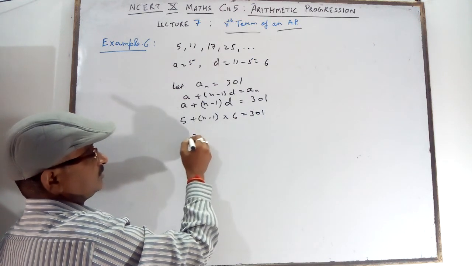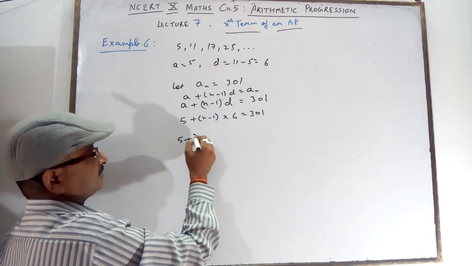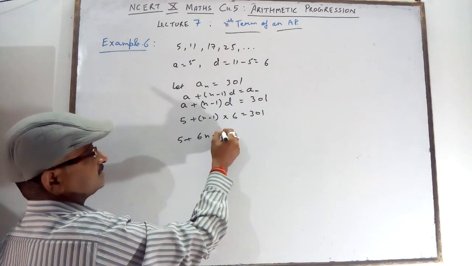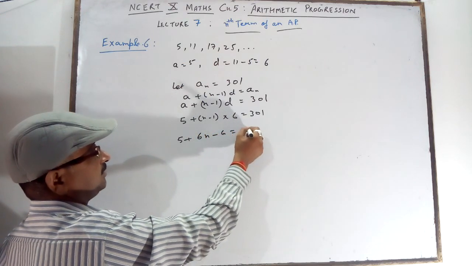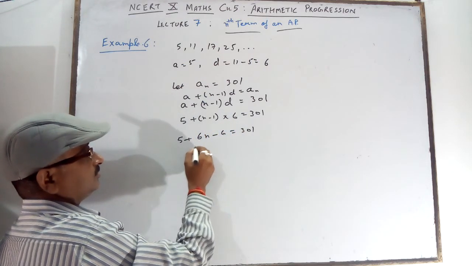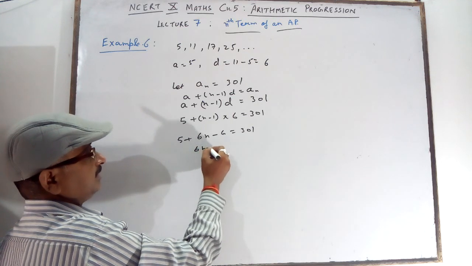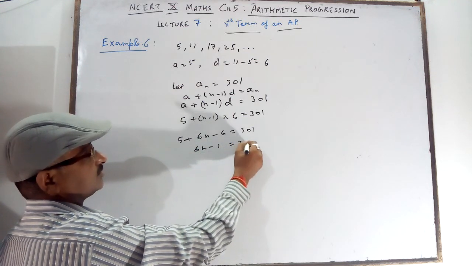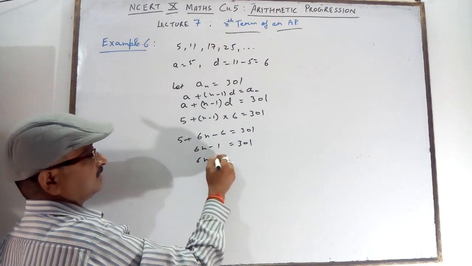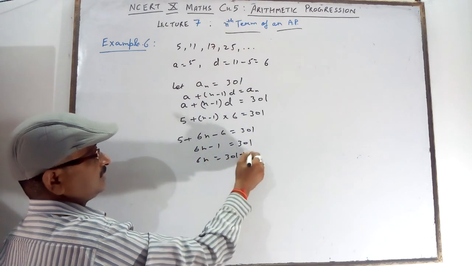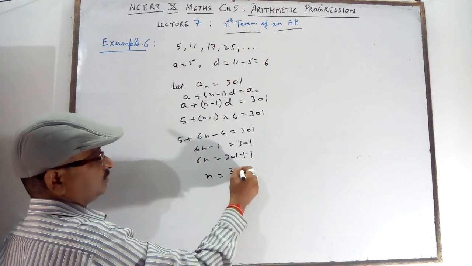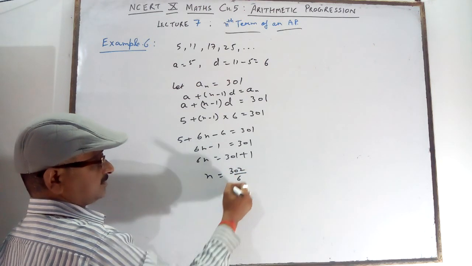So 5 plus, open the bracket, 6n minus 6 is equal to 301. So 6n minus 1 is equal to 301. So 6n is equal to 301 plus 1. n will be 302 upon 6.